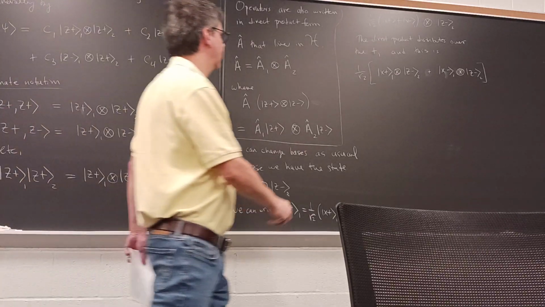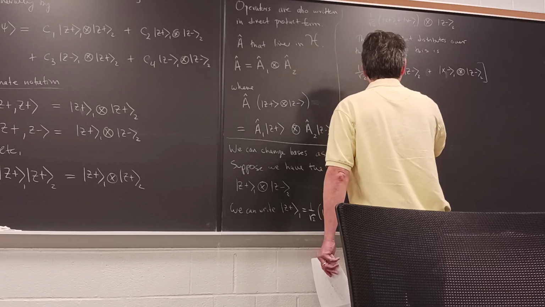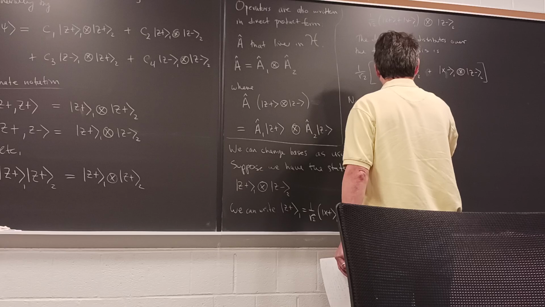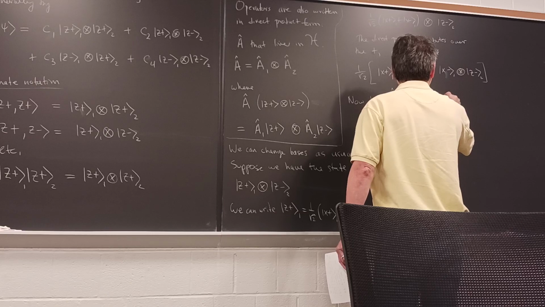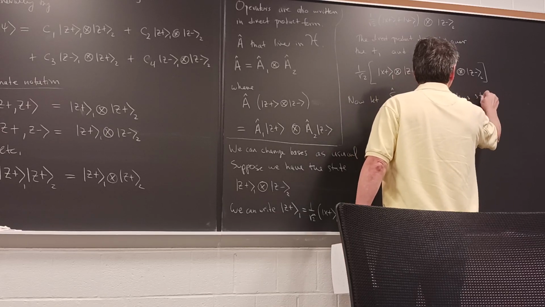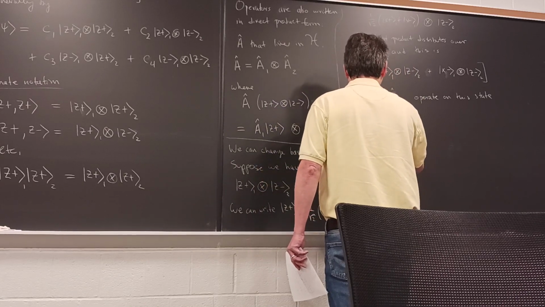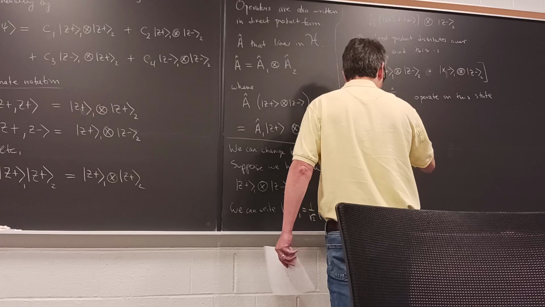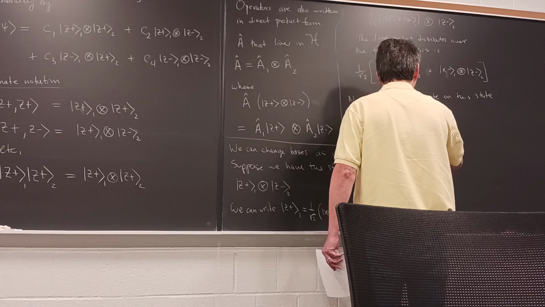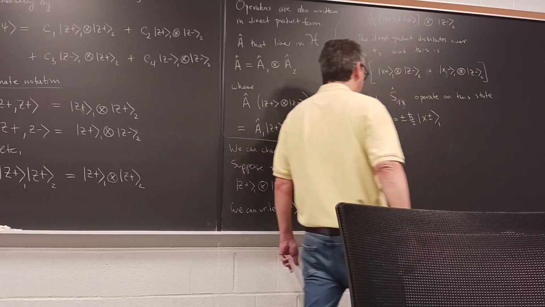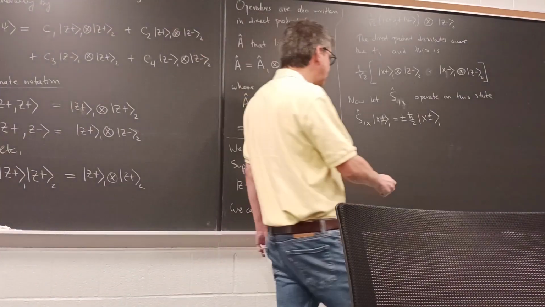And so if we were to now let S1 x hat operate on this state. Well, S1 x hat operates on, this is just the same formulas that we've always had. So plus minus here is plus minus h bar over 2, x plus minus 1. Nothing's sticking a label on it.